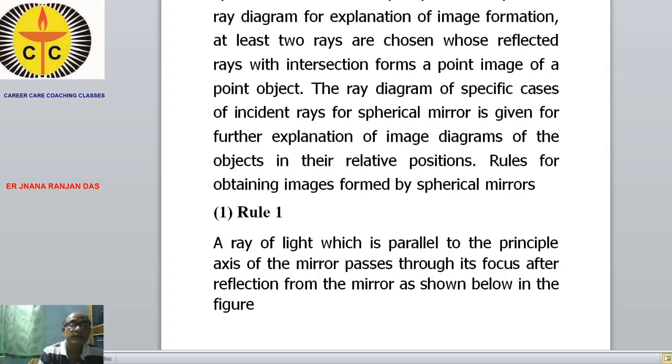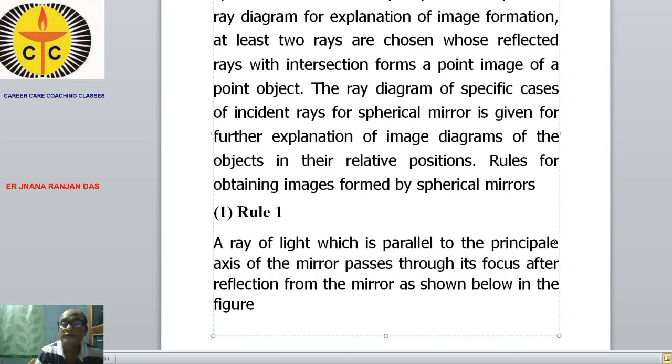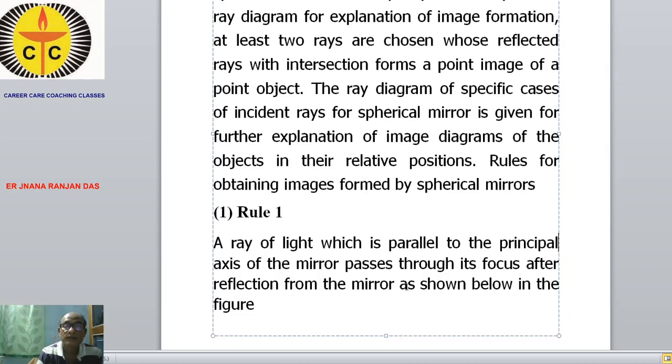First, rule 1: a ray of light which is parallel to the principal axis of the mirror passes through its focus after reflection from the mirror, as shown in the figure.